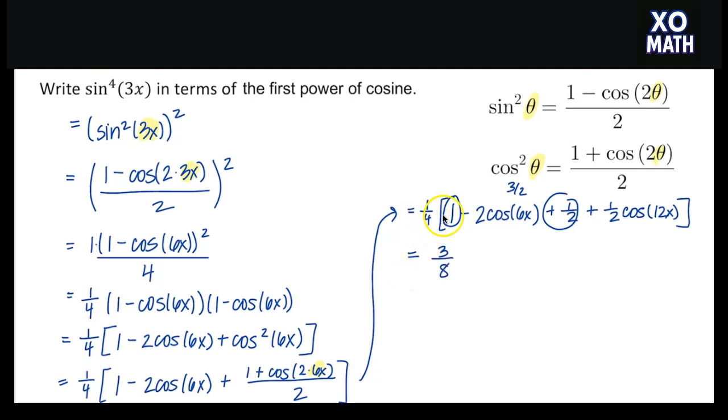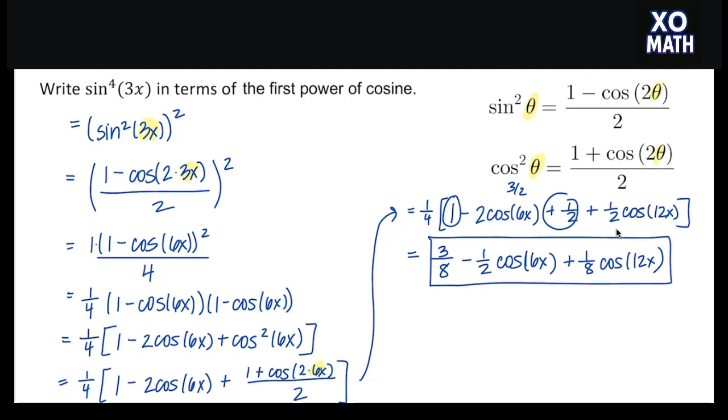When I multiply 1/4 times negative 2 times cosine of 6x, that's going to be negative 1/2 cosine of 6x. So just simplifying 1/4 times 2. And then this 1/4 is going to apply to the 1/2 cosine 12x. So 1/4 times 1/2 is 1/8. So plus 1/8 cosine of 12x.